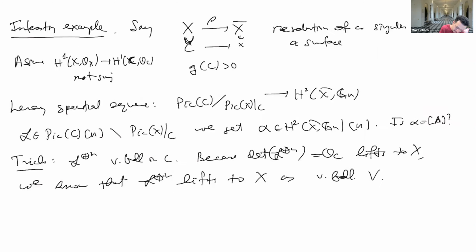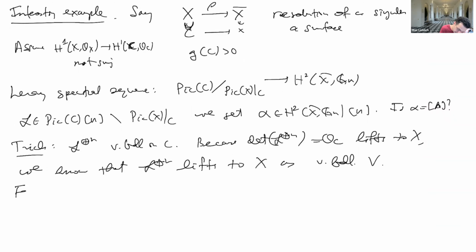Fact. This is not too hard to show. Fact. If I take the sheaf of endomorphisms of rho lower star of V, this is an Azumaya algebra with class alpha. I love this example.